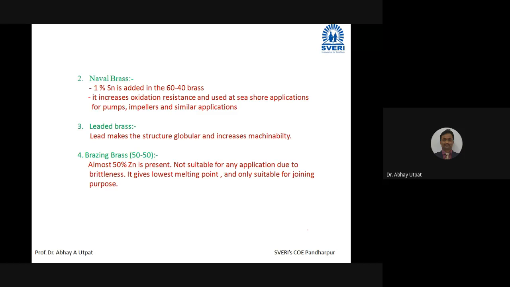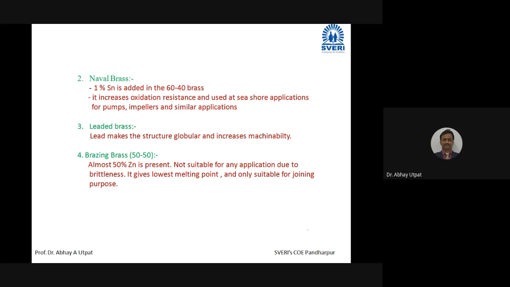Okay. Now, next is leaded brass. Lead is added in the copper tin. It is not copper and lead. Already copper tin bronze is there, in which a small quantity of lead is added, and because of it gives globular structure.